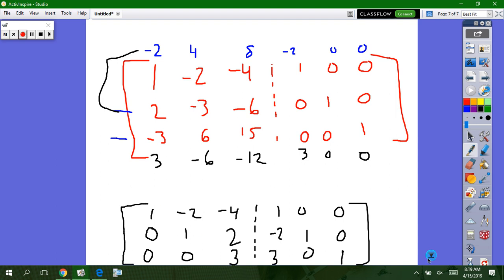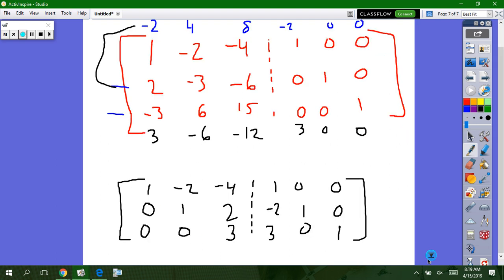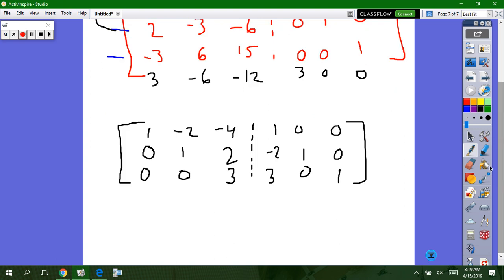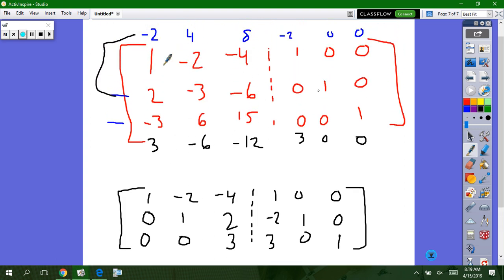That was actually really good. Are all of them going to be that nice for you, though? Definitely, definitely not. I did not times by -3, because this one was already a 1 and this guy's a -3. So therefore I times the top row by 3. Are you okay with me?